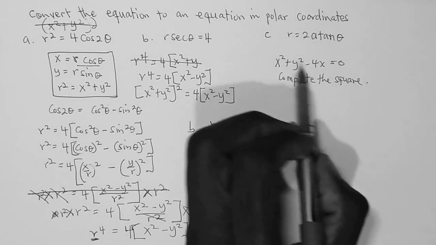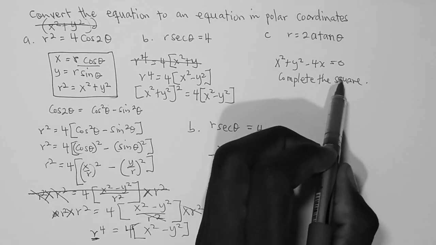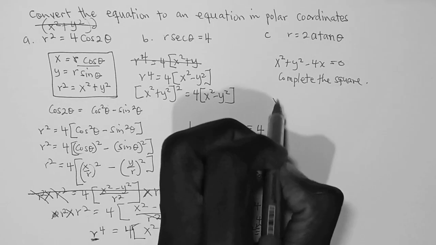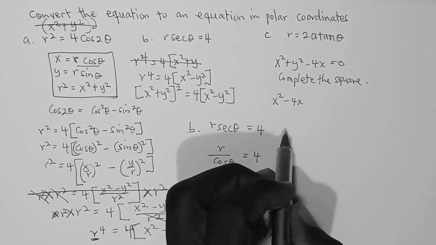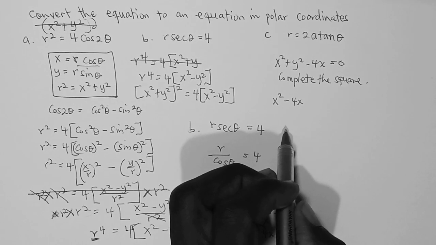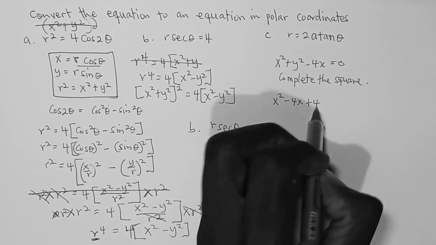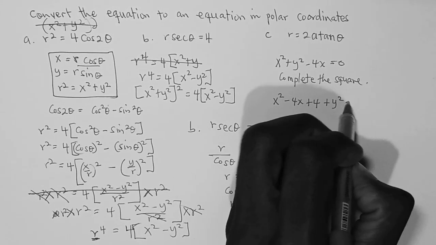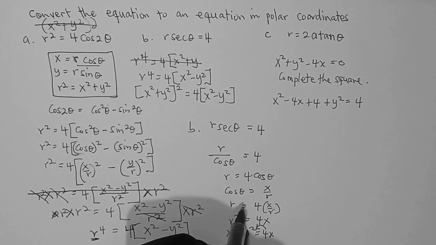What we'll do is find half of the x term, square it, and add it to both sides of the equation. So it becomes x squared minus 4x, then half of minus 4 is minus 2. Minus 2 squared is 4, so plus 4. Then plus y squared is equal to, we add 4 to this side, so it's equal to 4.